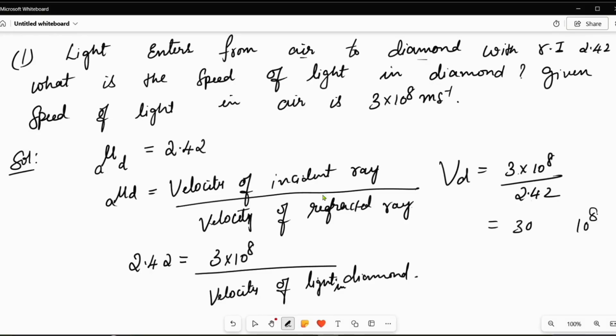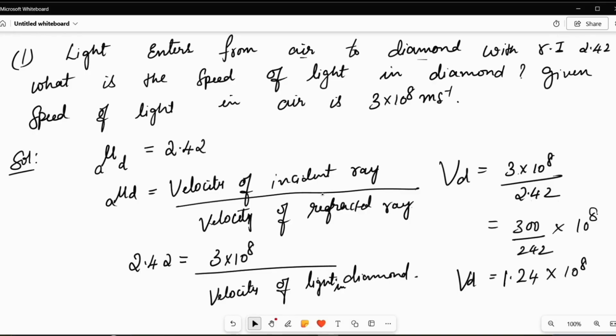I can write this as 300 by 242 also, correct? Multiply both numerator and denominator by 100, I will get 300 by 242. Just do the direct division. If you divide, you will get 1.24 into 10 power 8.